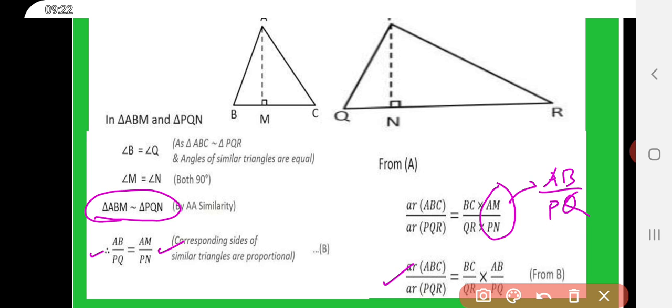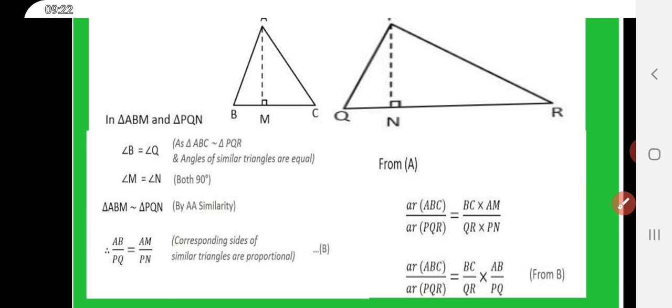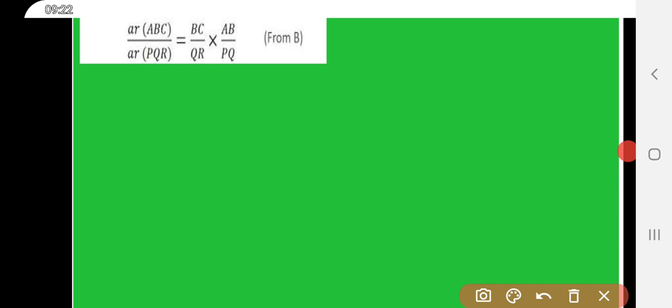So here area of triangle ABC divided by area of triangle PQR is equal to BC by QR into AB by PQ.